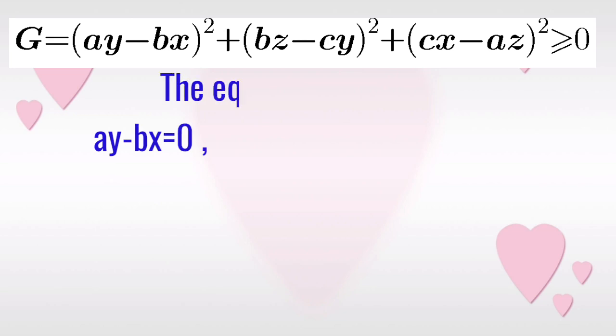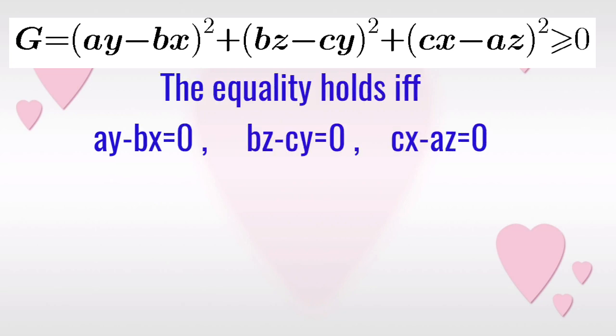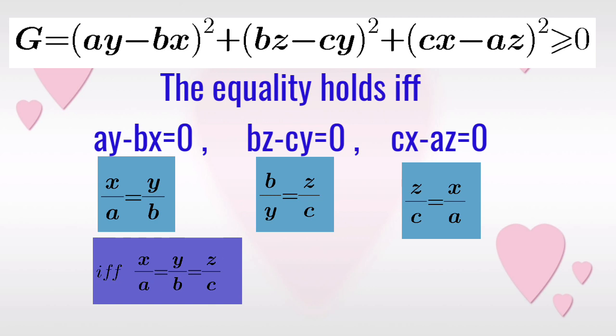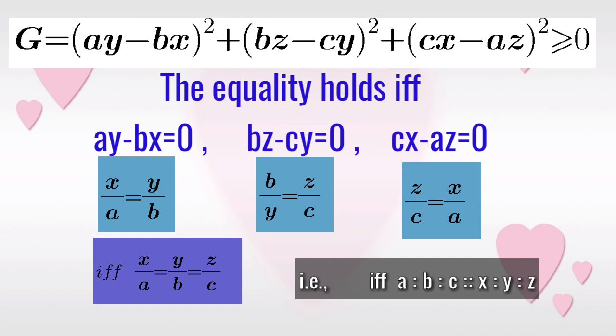That is, ay − bx = 0, bz − cy = 0, cx − az = 0. From these three equations, we get x/a = y/b = z/c. This is the same as a:b:c = x:y:z.